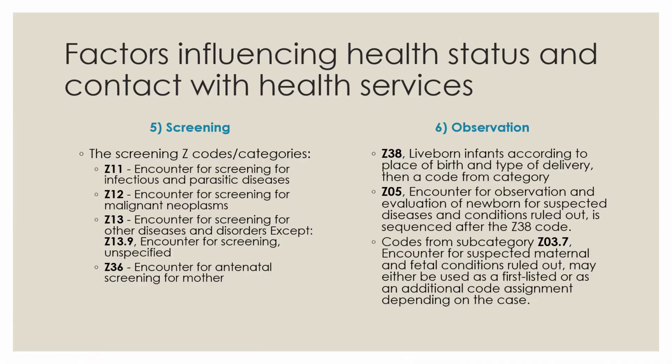In such cases, the diagnosis or symptom code is used with the corresponding external cause code. The observation codes are primarily to be used as principal first listed diagnosis. An observation code may be assigned as a secondary diagnosis code when the patient is being observed for a condition that is ruled out and is unrelated to the principal or first listed diagnosis.